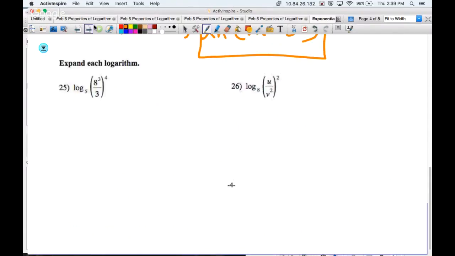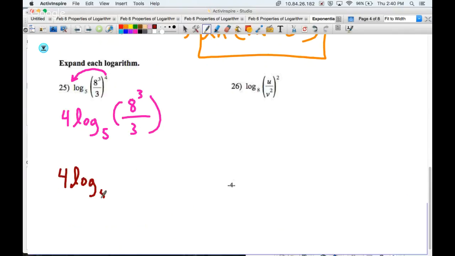Expanding these, we're going to use our properties the other direction. I can bring that 4 in front, so make this 4 log base 5 of 8 cubed over 3. And just leave it as 8 cubed. Don't simplify that. Now this can become 4 log base 5 of 8 cubed minus 4 log base 5 of 3.